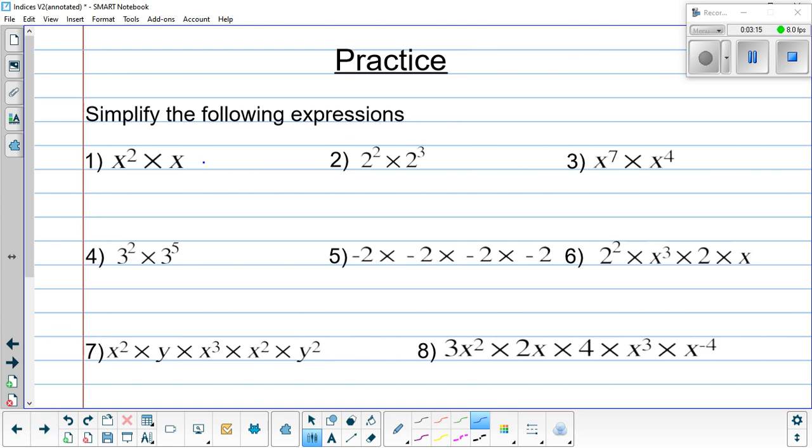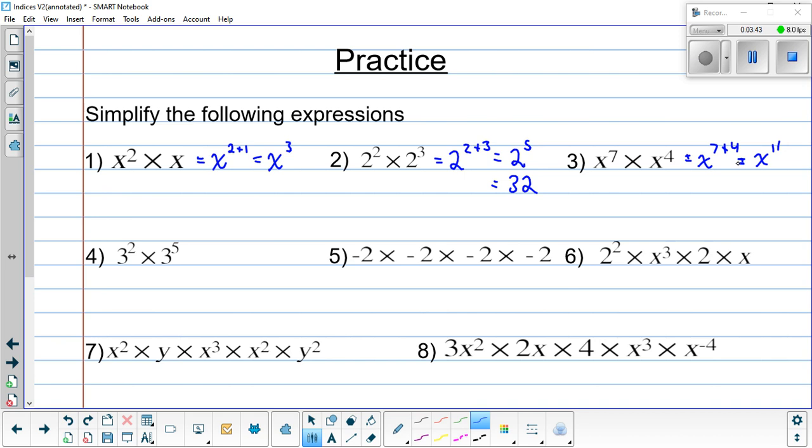Right, so here we have x to the 2 plus 1, so we have x cubed. This one, we have 2 to the 2 plus 3, so we have 2 to the power of 5, which is also 32. Here, we have x to the power of 7 plus 4, which is x to the 11.